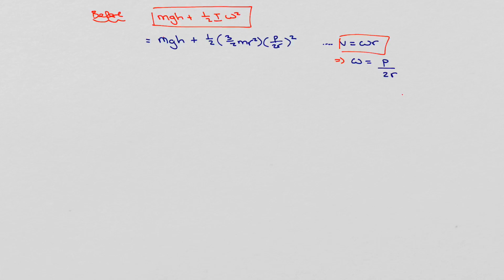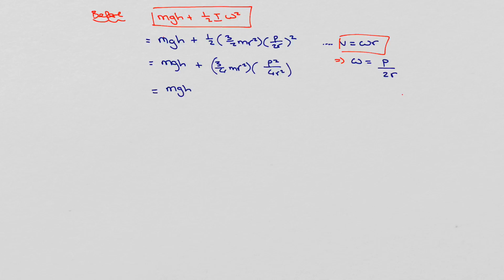So our energy beforehand is going to be mgh, and if I square out and multiply out my brackets here, I'm going to end up with 3 over 4 mr squared times p squared over 4r squared. And of course we can see our r squareds are going to cancel there, and that leaves me with mgh, sorry, h.